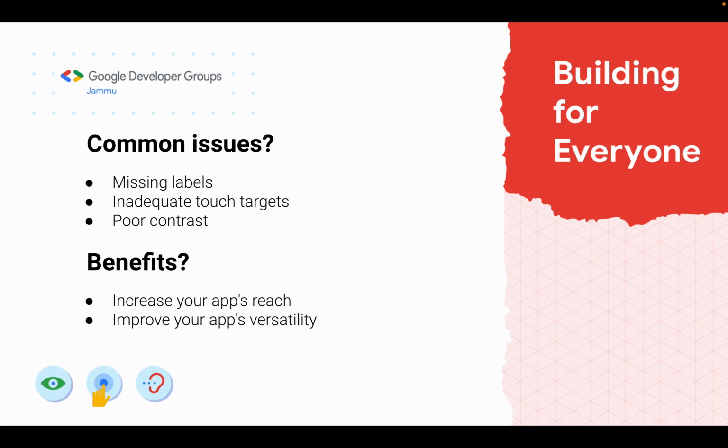The very common issues that we find with apps with less accessibility are missing labels, inadequate targets, and poor contrast ratio for the background and the foreground activity or web page. For example, for the touch target, you might see some sort of advertisement on your web page or Android application, and to close that advertisement, there is a close button.